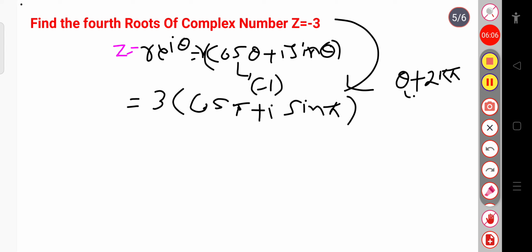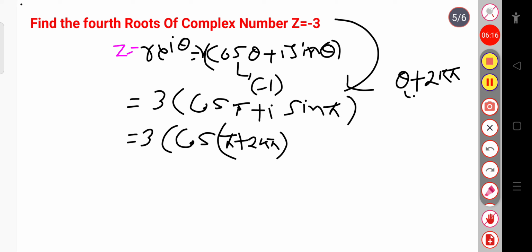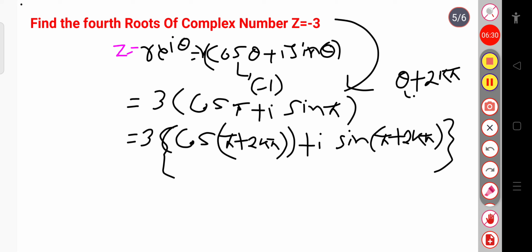So I can write 3 into cos pi plus 2k pi plus iota sin pi plus 2k pi. Clear?